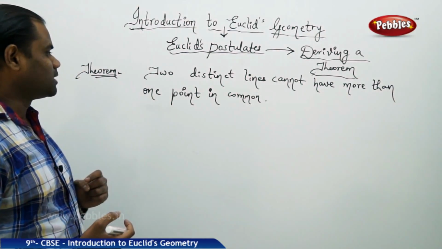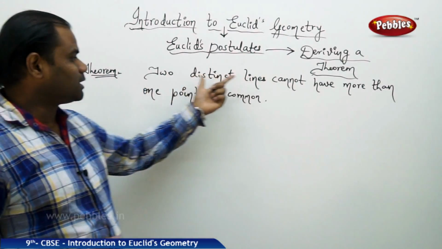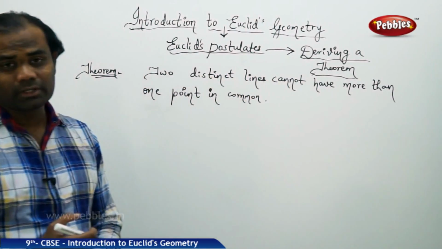So the theorem here says when I take two distinct lines, those two distinct lines cannot have more than 1 point in common.